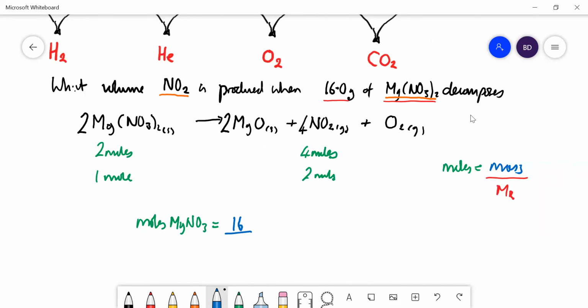That's 24 for the magnesium, you've got 2 nitrogens, so that's 2 times 14, and you have 6 oxygens, so that's 6 times 16. And that is 148. So the moles is 16 divided by 148, that's 0.108.